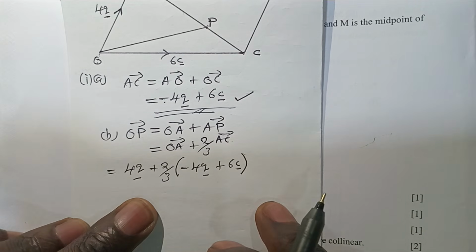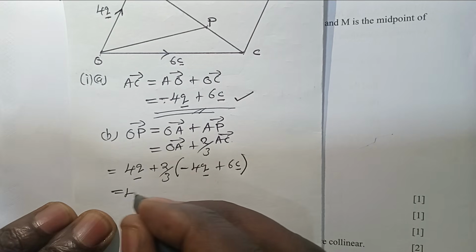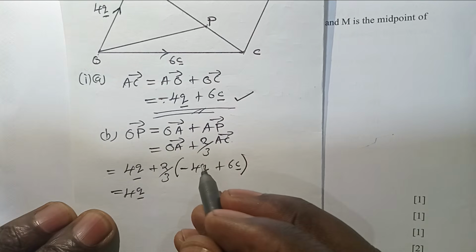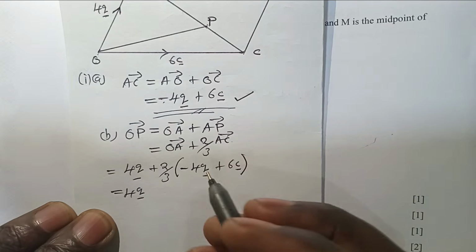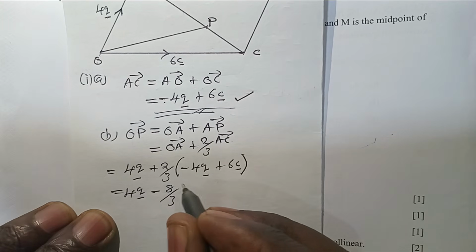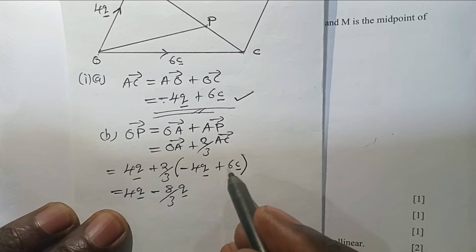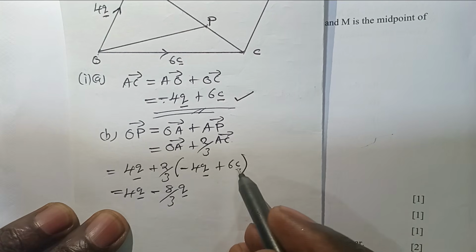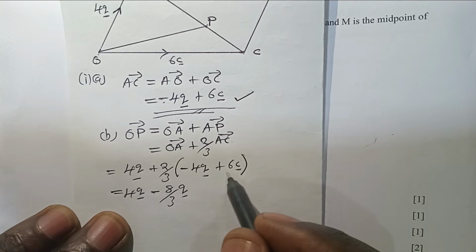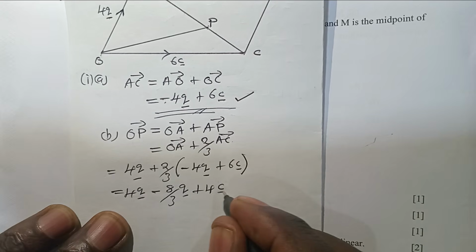And then we can deal with the algebra here. This is going to give us 4q under bar, then positive 2/3 times negative 4q under bar, which gives us negative 8/3 q under bar, then 2/3 again times positive 6c under bar. The 3 can go into 6 two times, so 2 times 2, we are going to have positive 4c under bar.